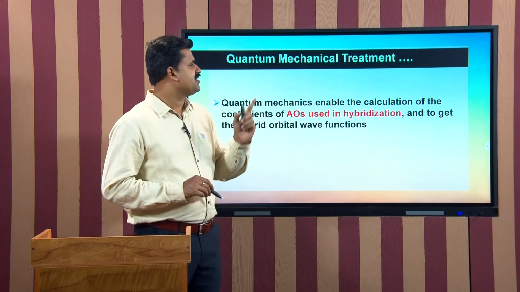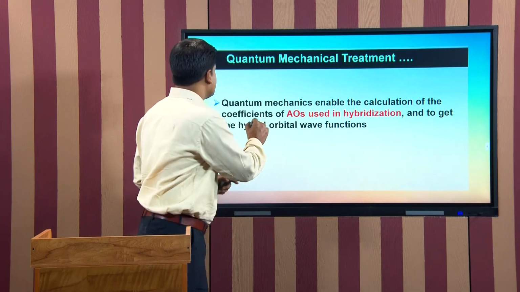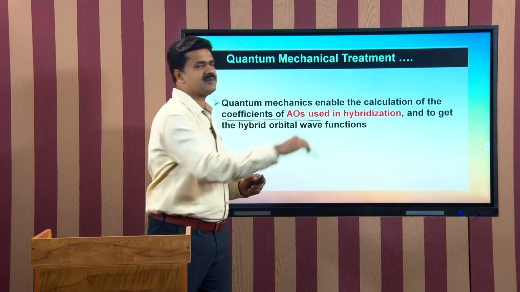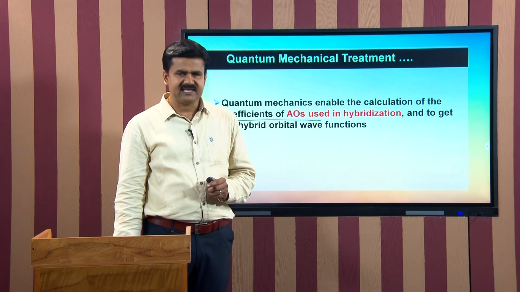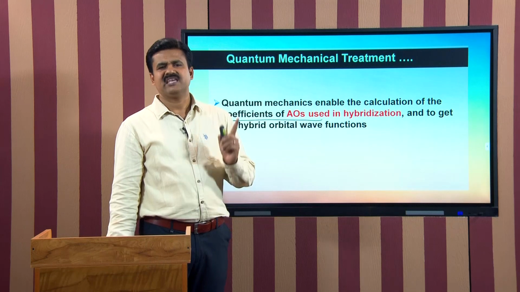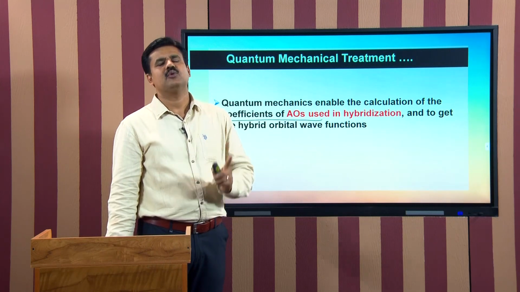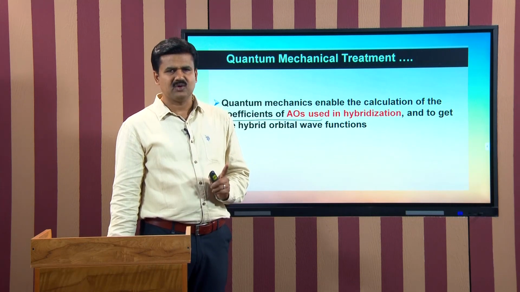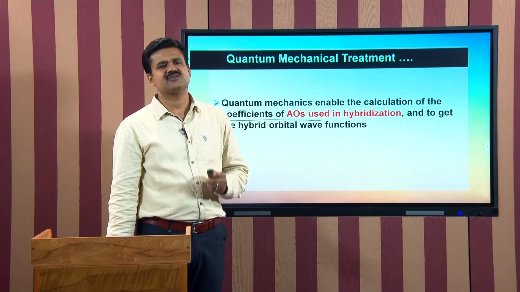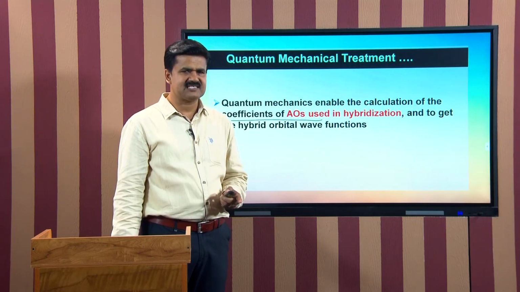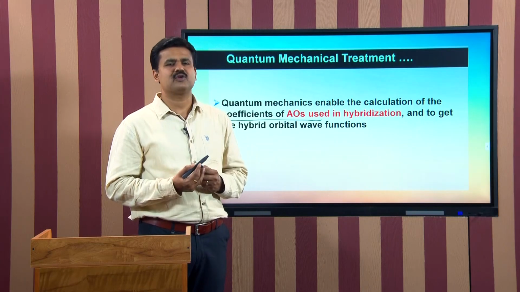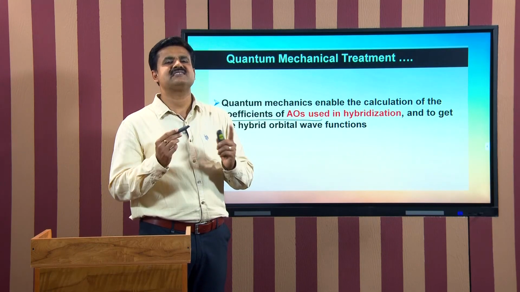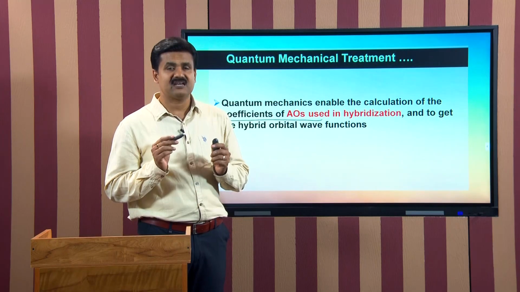Quantum mechanics enables the calculation of coefficients of atomic orbitals used in hybridization, and also the hybrid orbital wave functions. So, to get the coefficients of atomic orbitals used in hybridization and to get hybrid orbital wave functions, we must apply the quantum mechanical treatment.